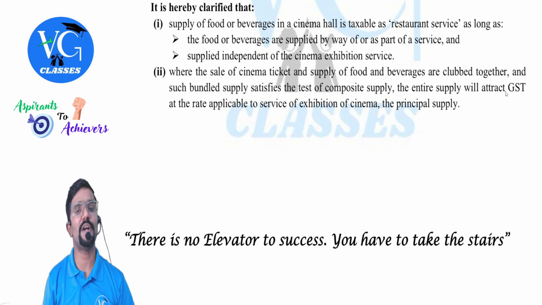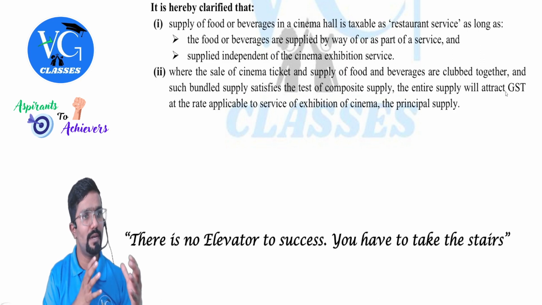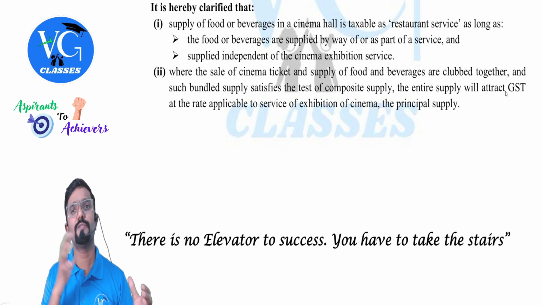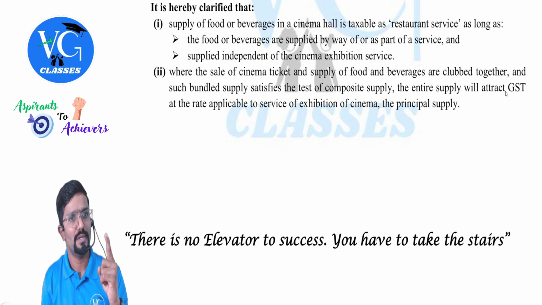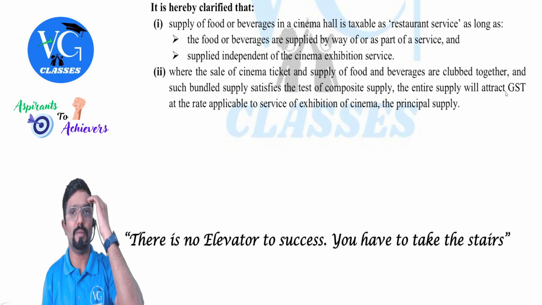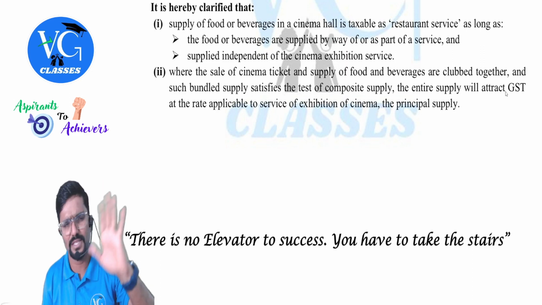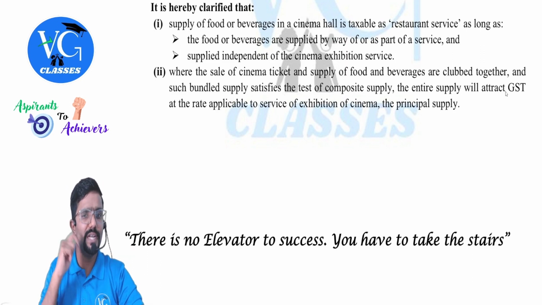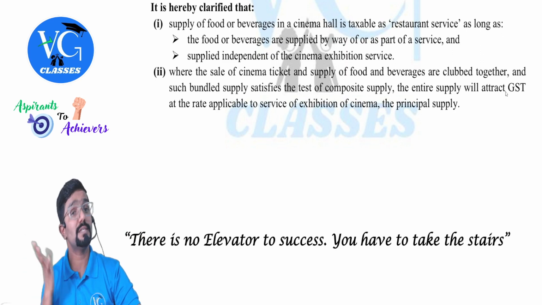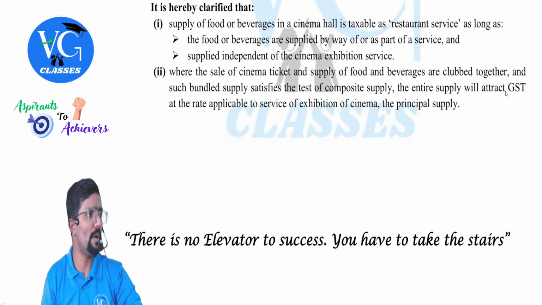So in simple, the last part is, if both the movie ticket along with food is supplied for a single price, assume 1,000 rupees. So on 1000, what should be the rate applicable? Is it, first of all, a composite supply? Yes, they are telling composite supply. Here actually they didn't tell composite, but in the suggested answers, even ICAI is giving it as composite.